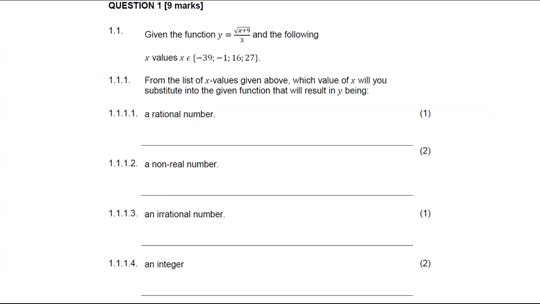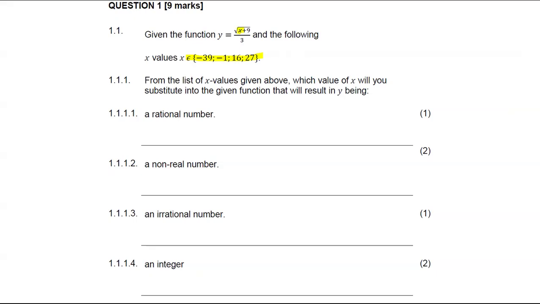So they're saying when they say x is an element of, that e means element of, it's part of, okay? So this means x can be any of these values, right? X can be any of these values. So basically you can substitute those values into your function as they represent x.